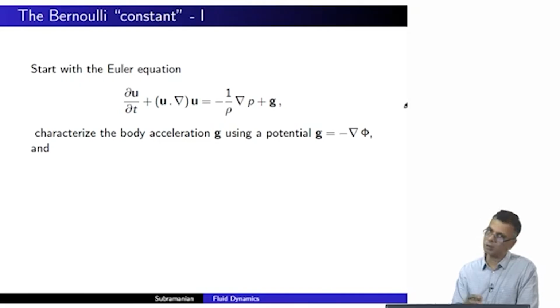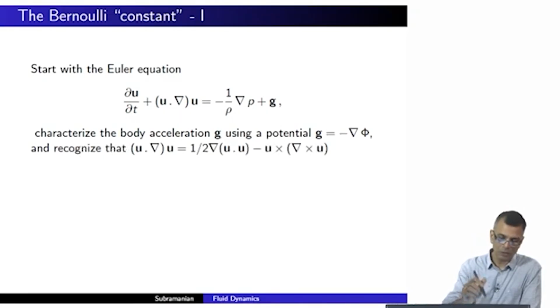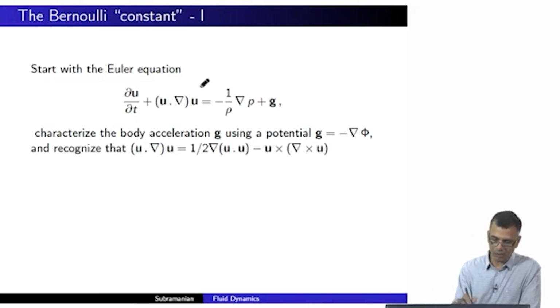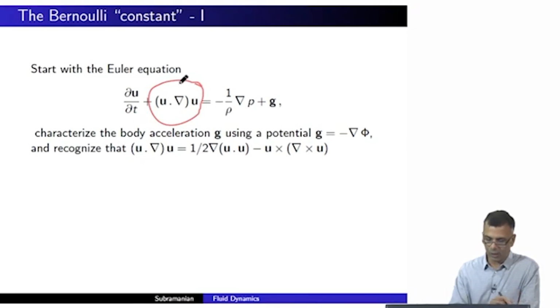Also there's a physical reason: acceleration due to gravity can indeed be written down in terms of a gravitational potential. So there's the utility, and you recognize that this term from vector algebra can be written down like so.